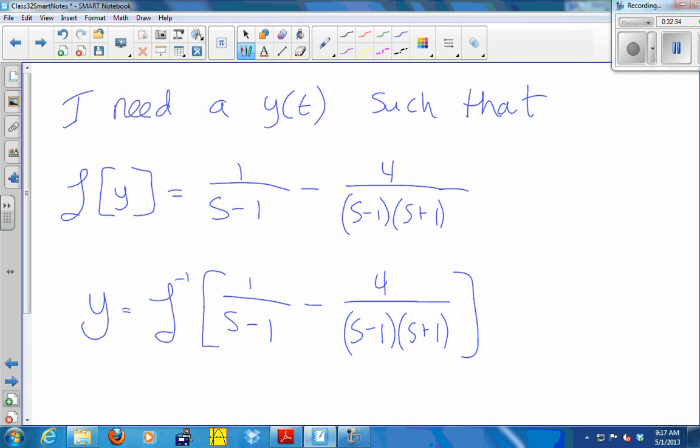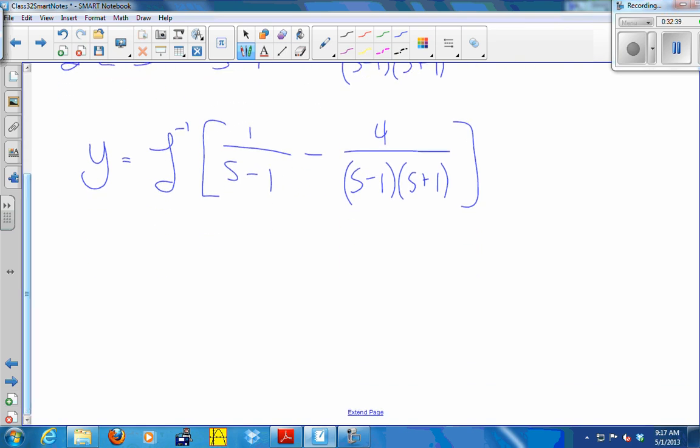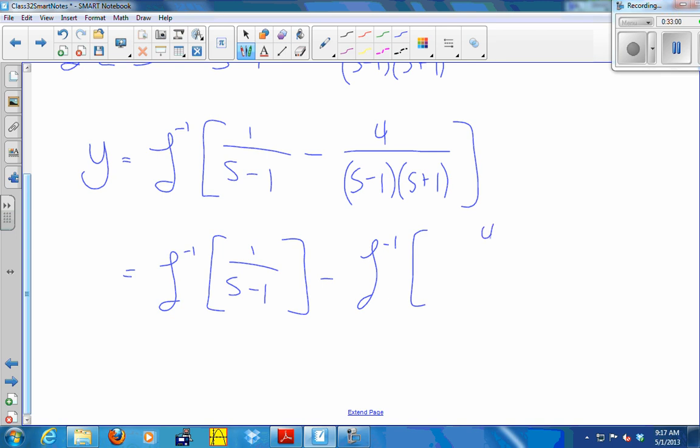Okay, so we can have an inverse Laplace transform. And the inverse Laplace transform, just like the Laplace transform, has all the same properties, so that I can do them separately. So this is going to be the inverse Laplace of 1 over s minus 1 minus the inverse Laplace of 4 over (s minus 1)(s plus 1). You can pull the 4 out, but I'm going to leave it. You can do it either way.